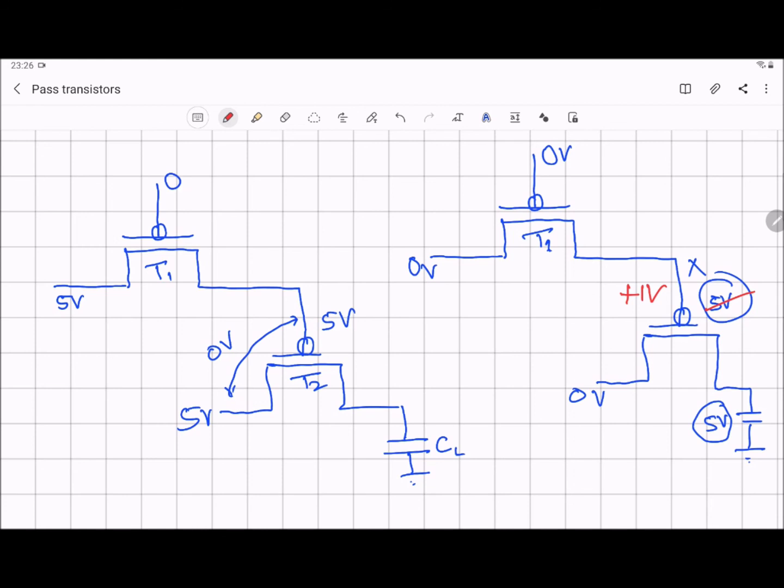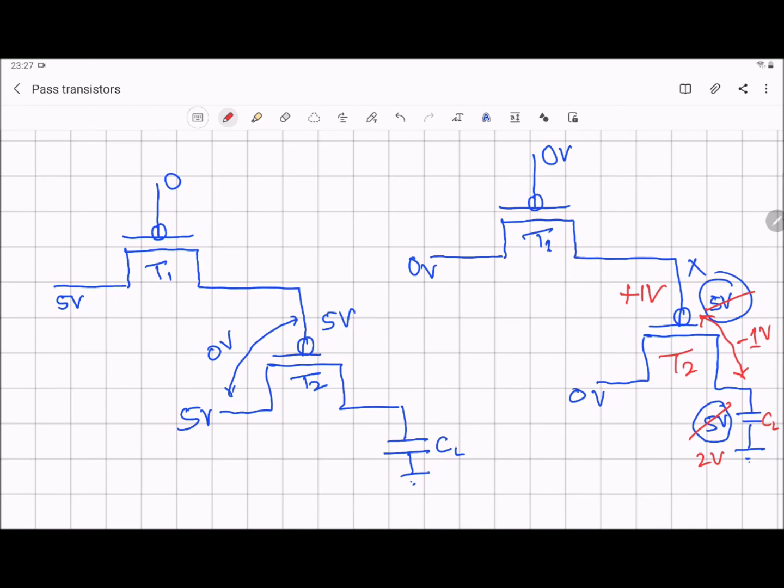Now the gate terminal of transistor T2 is connected to 1 volt. Now I need to maintain this voltage VGS equal to minus 1 volt. So the new voltage at the load capacitance, that is CL, is going to be 2 volt.